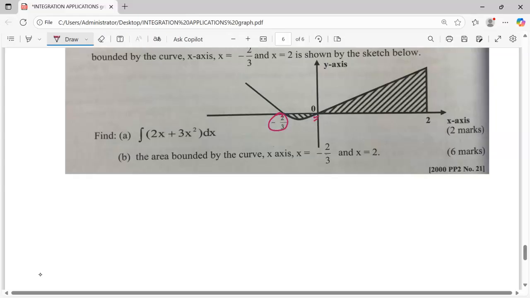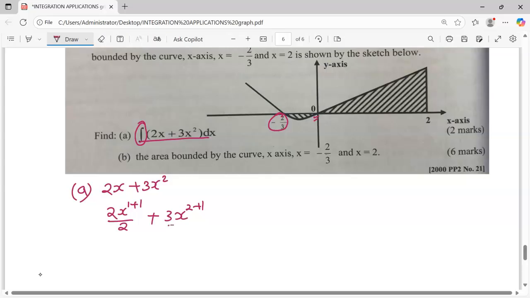Part A, find the integral value of 2x plus 3x squared. So in this case, the sign you have seen here is the start of integration, meaning you are supposed to integrate this function. We are going to have 2, this is x raised to power 1. We add 1 to the power divided by the new power, plus we have 3x squared.